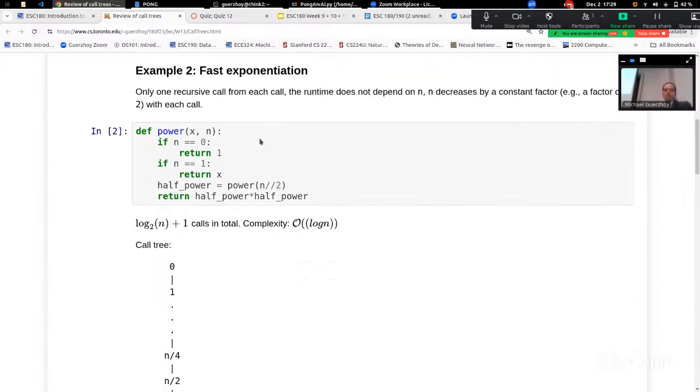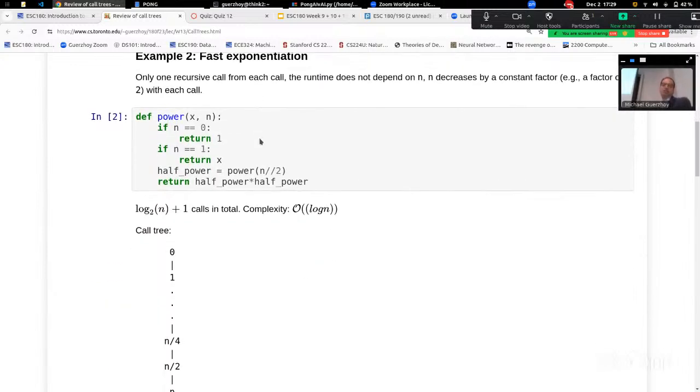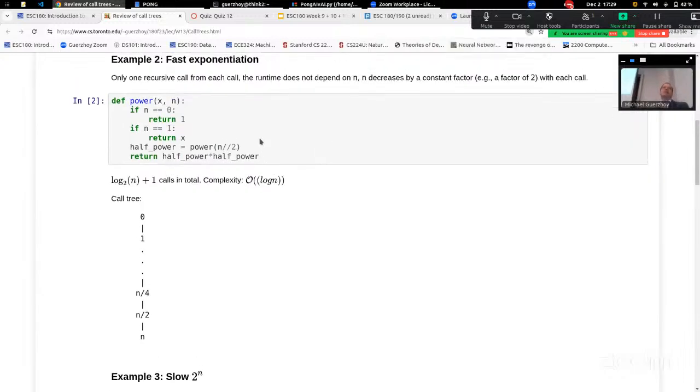All right, so stochastic exponentiation. That's the thing that we were just done with last time, right? The idea is you compute, and here I simplified it and didn't worry about the situation where n could be odd.